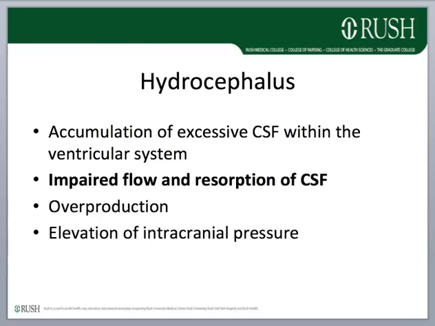Rarely, it can be due to overproduction, typically due to a tumor of the choroid plexus. The accumulation of fluid within the ventricular system results in elevation of intracranial pressure and all the consequences that occur because of that.